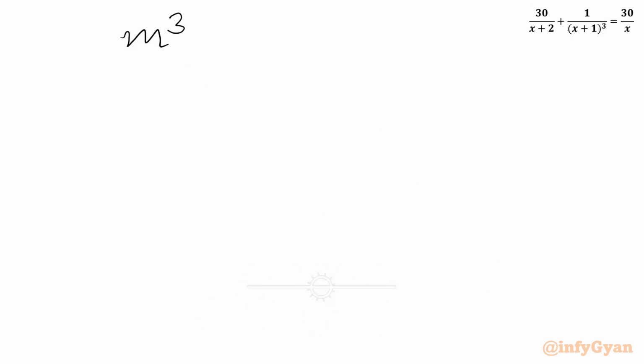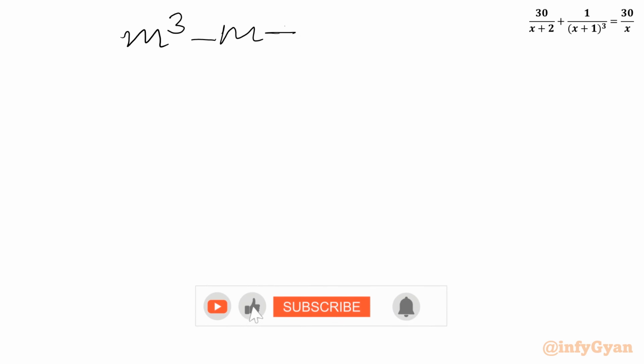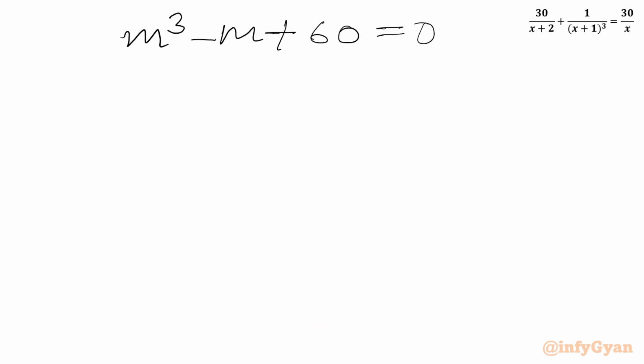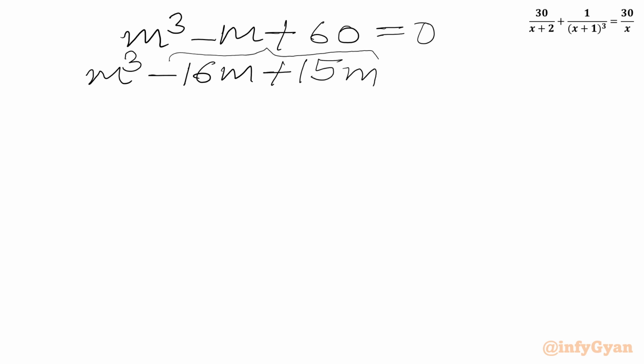Equation is cubic. I will use method of factorization. So I will write m cube as it is, minus m. I will write minus 16m plus 15m. So overall this is minus m plus 60 equal to 0.